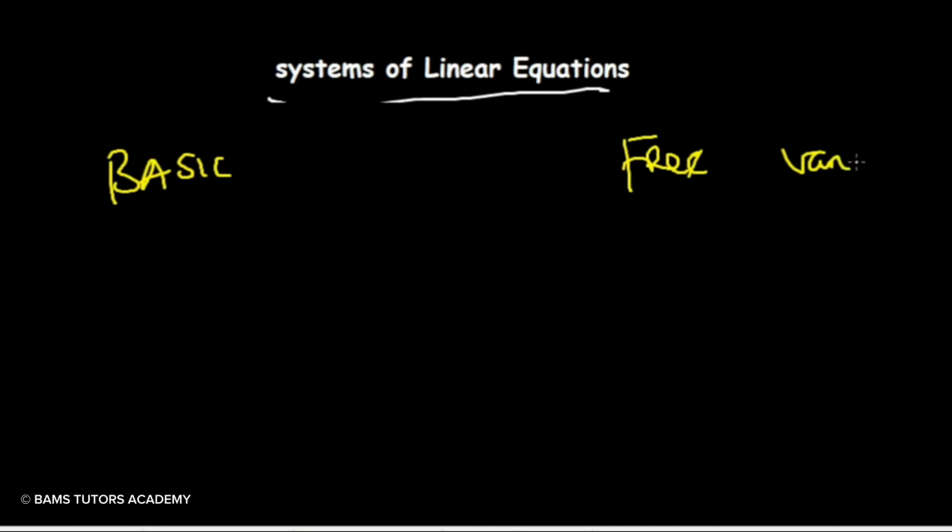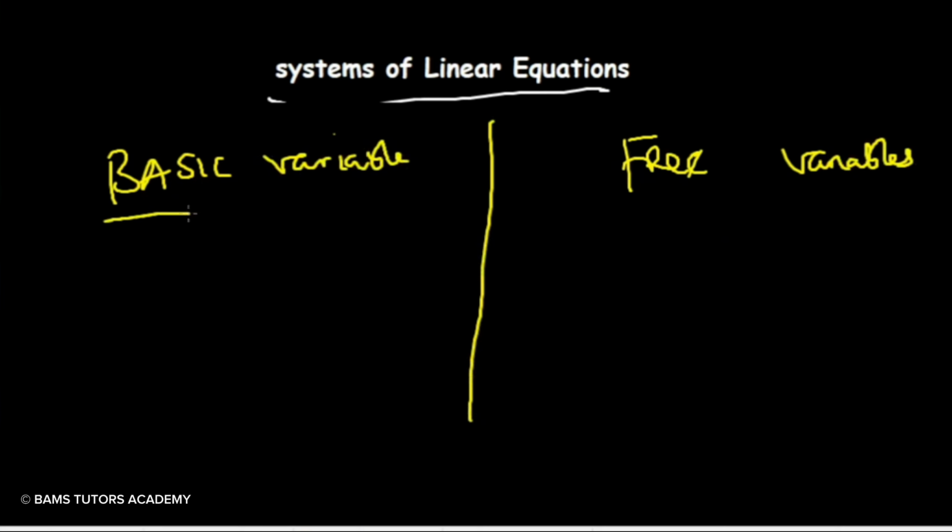When we solve a system of linear equations, we say we have two types of solutions: it can be infinitely many or unique. So when it's the type with infinitely many solutions, we are going to have some free variables. What are free variables? Let me just give you a classical definition. A free variable is a variable that does not correspond to a column with a pivot. What a pivot is, we are going to say in the next class.